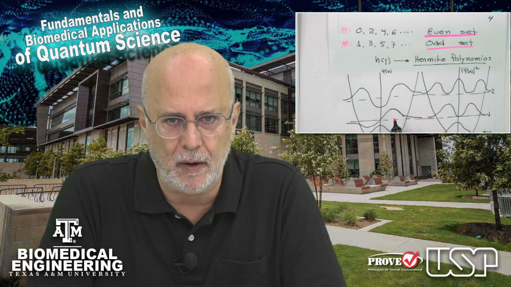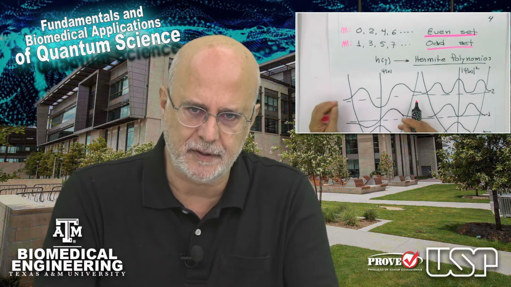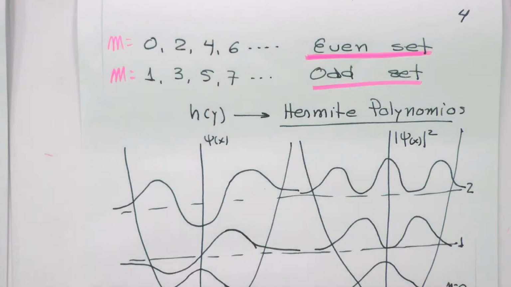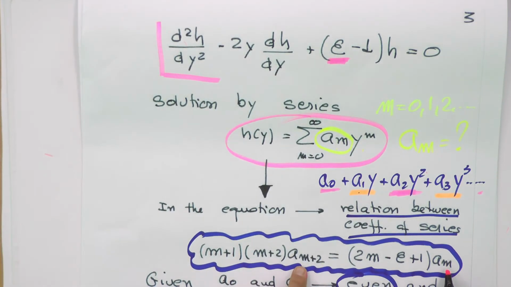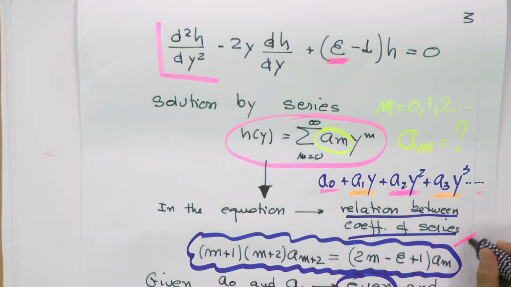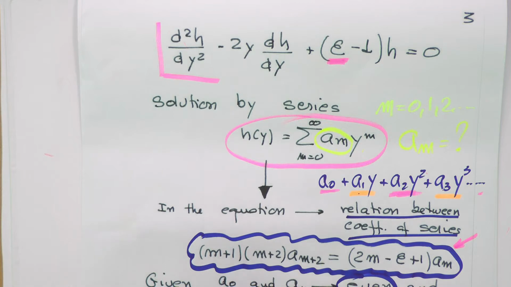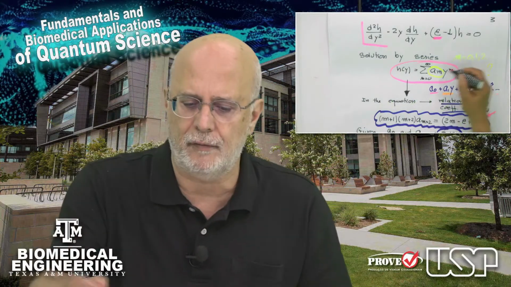Those polynomials we get from this series, and we have the recurrence relation, so we know everything now. If I know a1, I determine a3. If I know a0, I determine a2. If I know a2, I determine a4. If I know a4, I determine a6, and so on. So having the recurrence relation, I get all the coefficients of this polynomial.